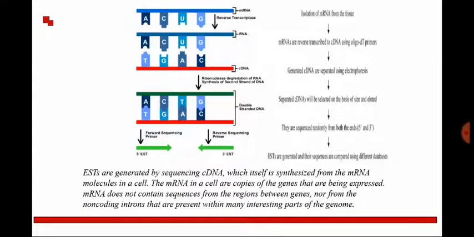Here you can see this diagram, that is expressed sequence tags are generated by sequencing of complementary DNA. That means the isolation of mRNA from the tissue, and here the reverse transcription process takes place using reverse transcriptase enzymes. Here the mRNAs are reverse transcribed to produce complementary DNA using oligo dT primers.